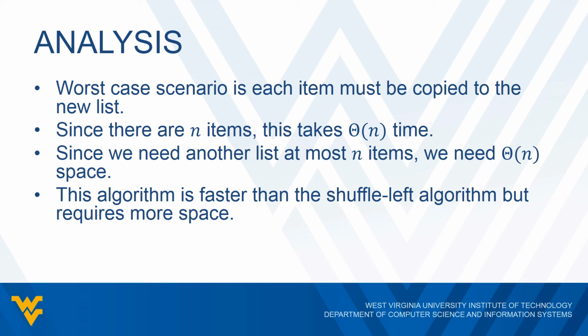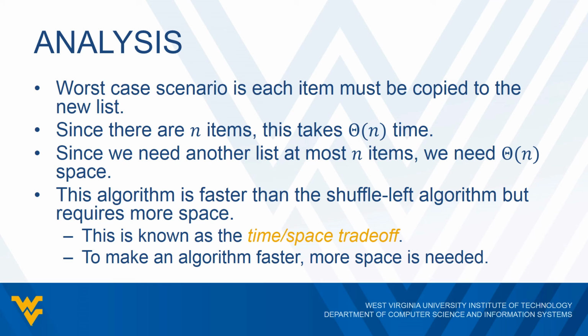But this algorithm requires more space to make that work. This is what we call the time-space trade-off. If we want to make an algorithm faster, we're going to need more space. And if we want an algorithm to be more space efficient, it's going to take a bit more time. But usually we just use more space in order to get a faster algorithm.